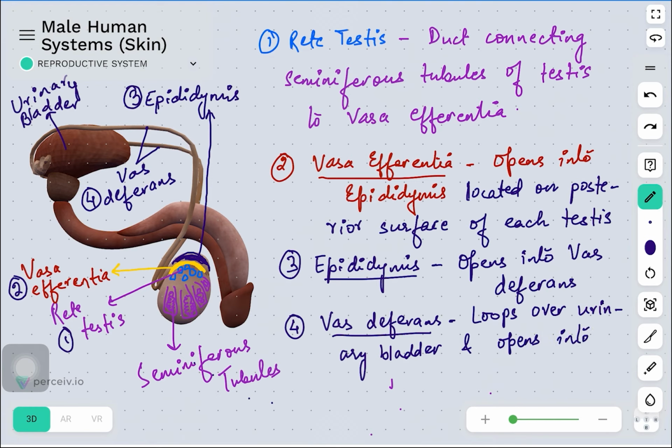You just need to know the sequence, because the sequence is very important in case of the male reproductive system. Alright, this is about the accessory ducts part.